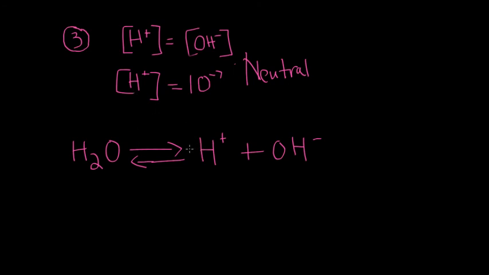So if I increase the H plus concentration, the system is disturbed, and in order to offset that disturbance, the equation will start moving towards the left.